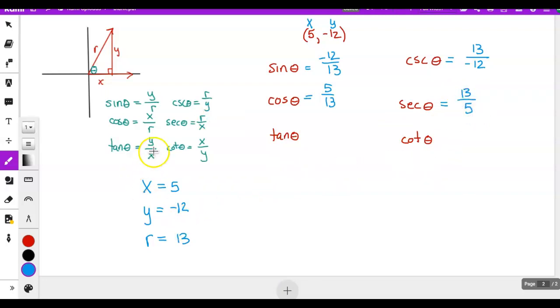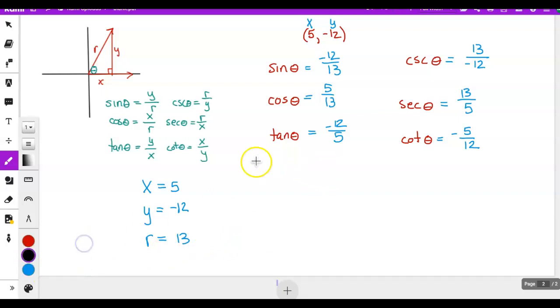And then tangent is y over x, so negative 12 over 5. And then cotangent is its reciprocal. Okay, so that's a way easier way of doing it, so you don't have to draw the picture every time, but you do have to memorize where the x's and y's are. So maybe use that on the assignment that I give you.